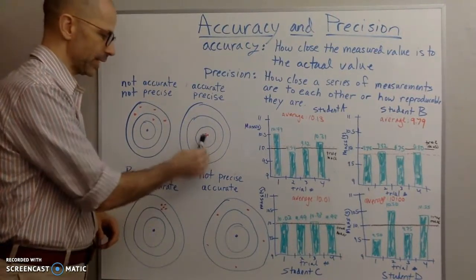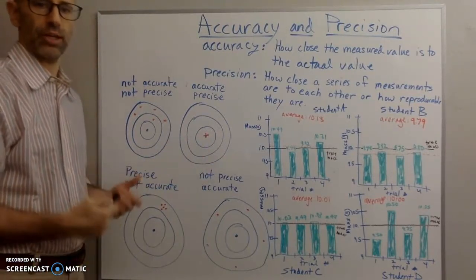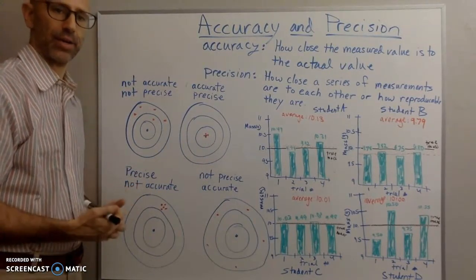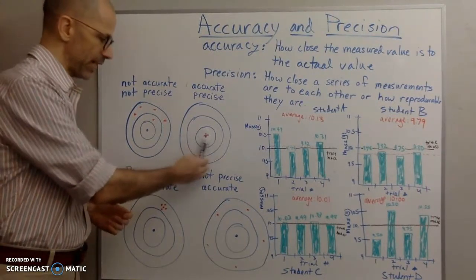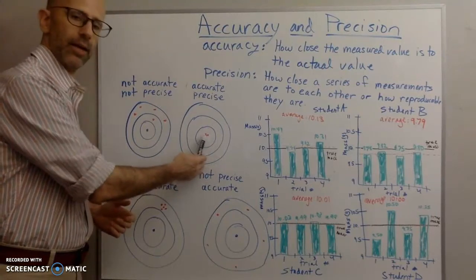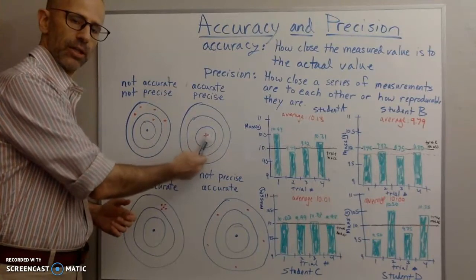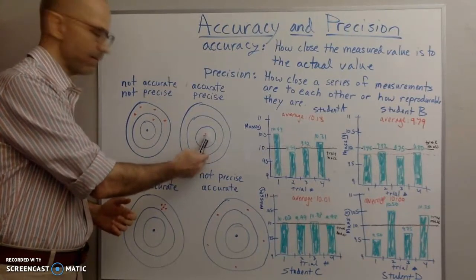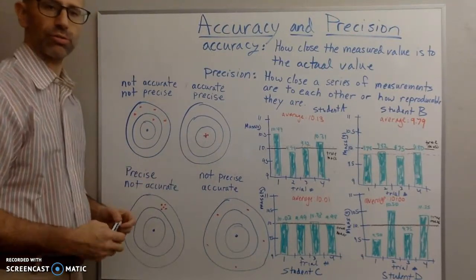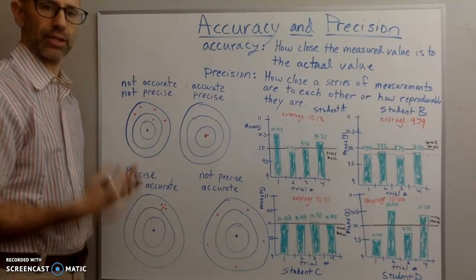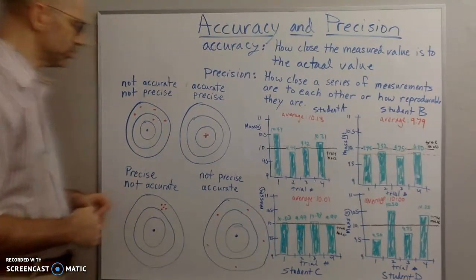So if you have a tight cluster and it's close to the bullseye, then your shooting is precise and accurate. Okay, same thing with your data. So if these are data points, then the data points would be precise because there's very little difference in the data points that are taken, and they're all very close to the accurate, the actual true measure.